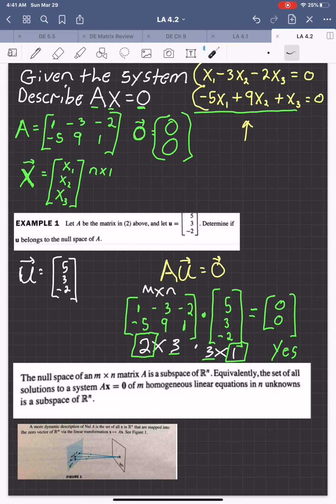Equivalently, the set of all solutions to a system Ax equals 0, where you have m homogeneous linear equations and n unknowns, is a subspace of Rn. So, all right. Let's go to the next page.